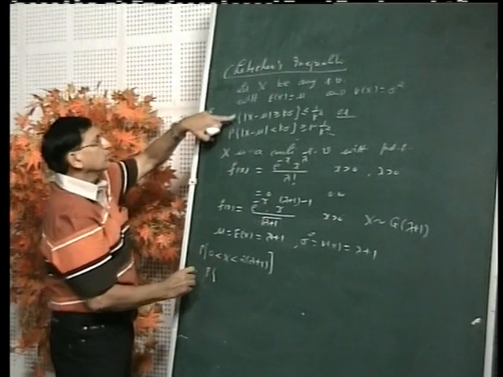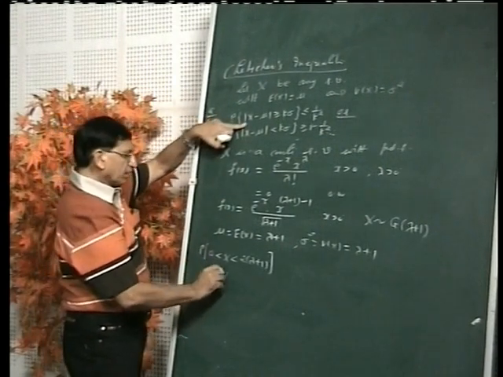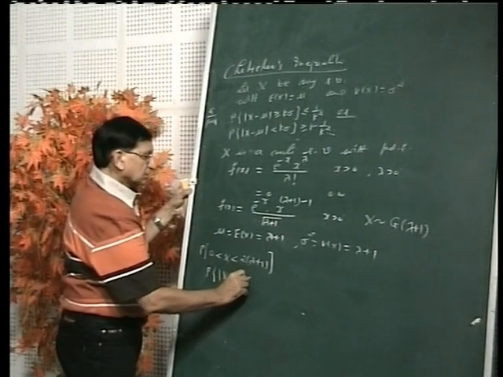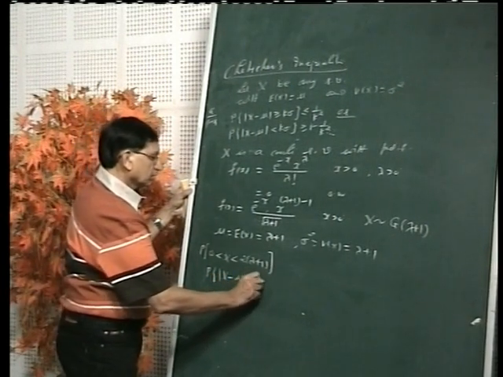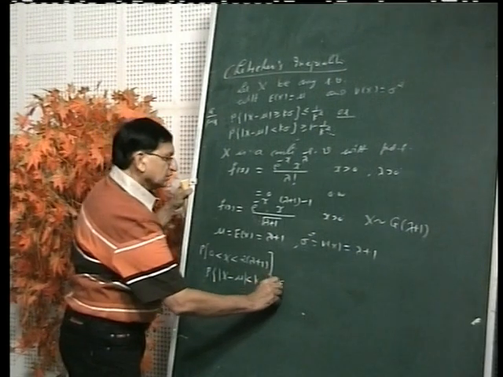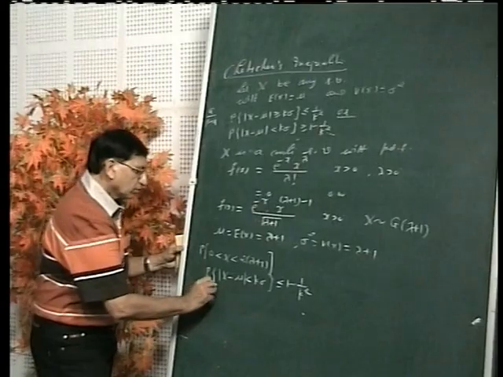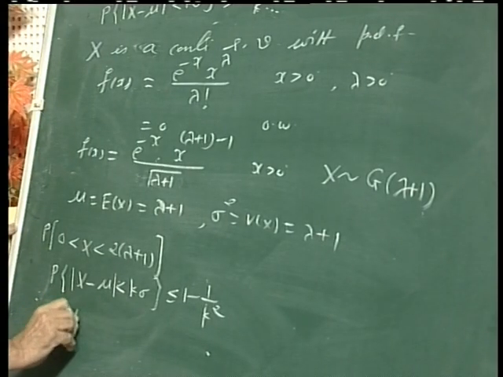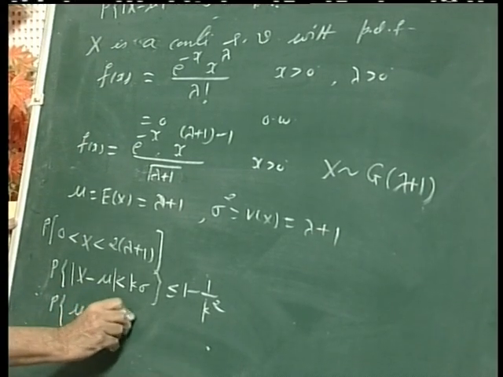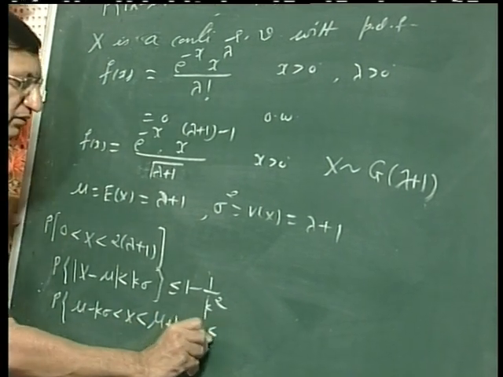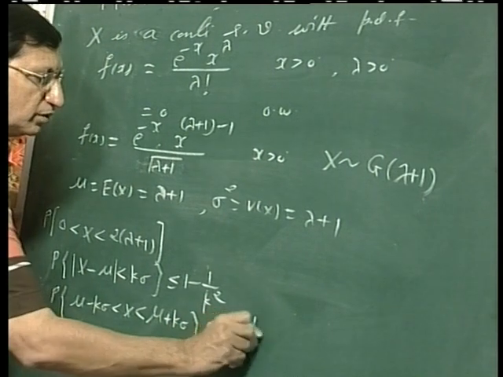So here by Chebychev's inequality, probability that mod x minus mu is less than k sigma is greater than or equal to 1 minus 1 upon k square. Therefore, probability that mu minus k sigma is less than x is less than mu plus k sigma is greater than or equal to 1 minus 1 upon k square.